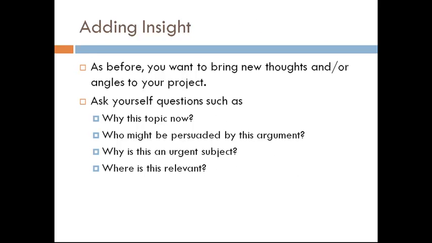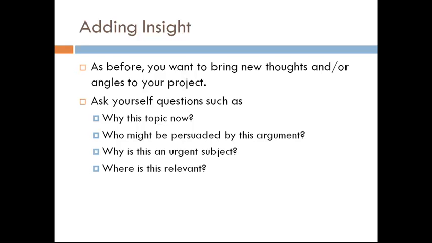Insight is always an important element for your paper, and while academic writing may seem a bit dry, it doesn't need to be, and the best usually isn't. You need to make sure that you bring in new insights and viewpoints. Several questions you can ask yourself to help challenge your ideas and chosen topic are these. Why this topic now?